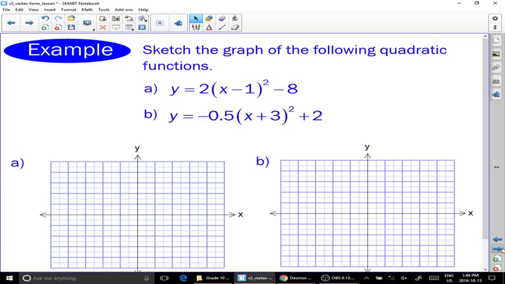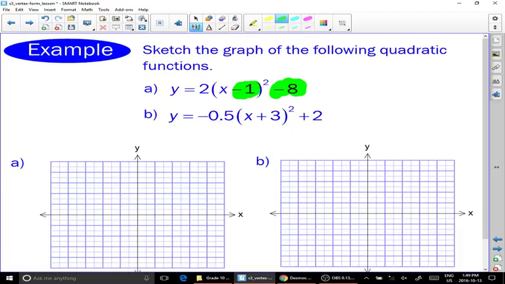How do we graph that? Well, according to what we just figured out, we know that this is the vertex, and not exactly the vertex, but it's the vertex. In vertex form, we have to be careful.